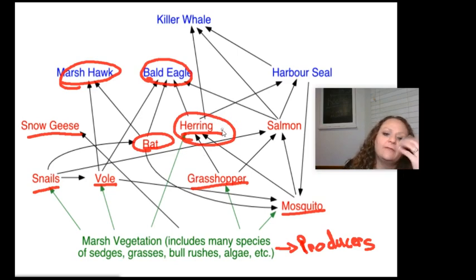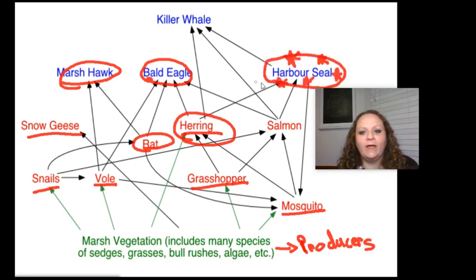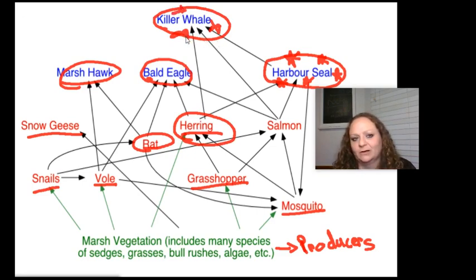That's because the herring in this case is an omnivore. It's eating both vegetation and it's eating insects and other organisms. And the killer whale is also going to be a tertiary consumer and a quaternary consumer.